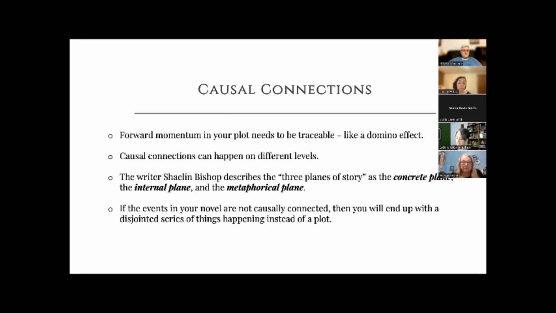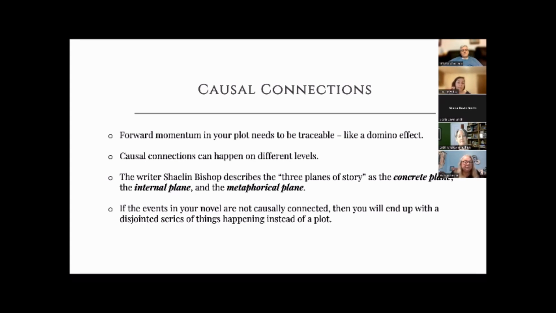So something happens in scene A, which leads to something happening in scene B. But if you're writing a more character-driven story, then the causality might be more internal. So for example, the event that happens in scene A would cause the character to feel a certain way, which would in turn cause them to act a certain way, which would then cause scene B. Lots of different kinds of causal connections, but they still need to be there.